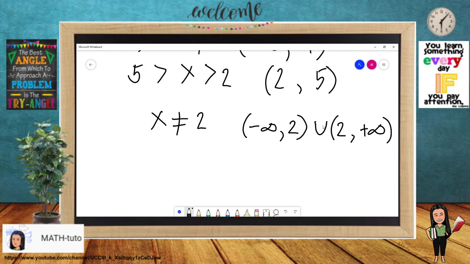So, parenthesis and then union. Dun sa yung nakalagay dito sa side before the union ay yung number na indicated kung saan siya not equal. Okay? So, this is how we write solution set for inequality using interval notation.